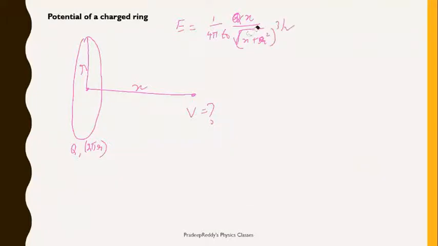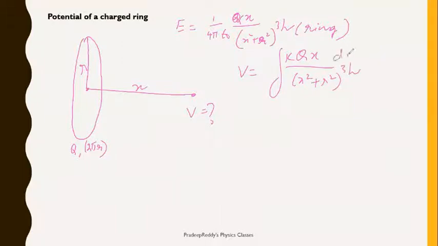This is the equation for the electric field due to a ring. If you remember this value, then everything becomes very simple. You will find the electric potential as V is equal to the integration of Qx divided by, I'll write 1 by 4 pi epsilon naught as K, (x square plus R square) whole power 3 by 2 into dx.